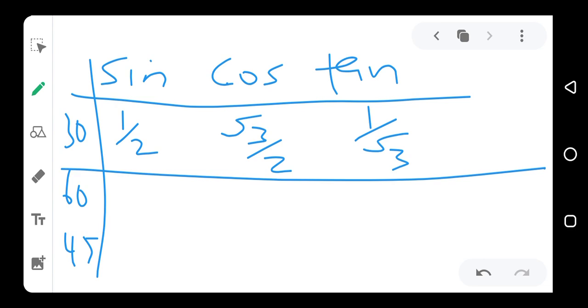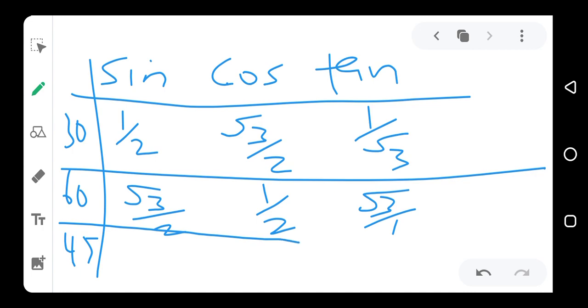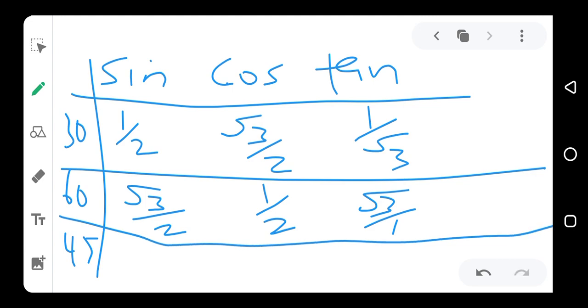For 60, sine 60 is root 3 over 2. Cos 60 is equivalent to sine 30, 1 over 2, and tan 60 is root 3 over 1. Now 45.